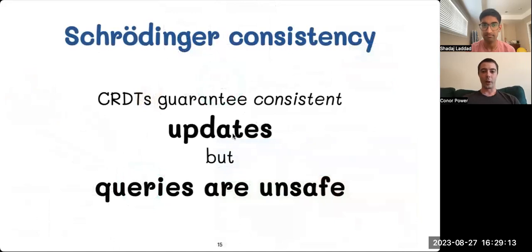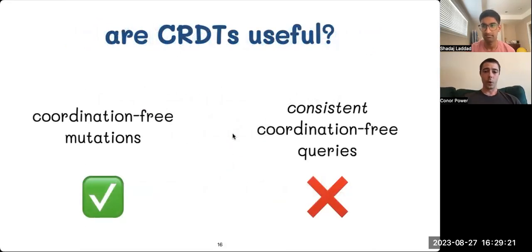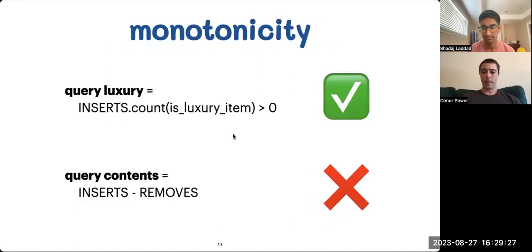We call this Schrodinger's consistency. CRDTs guarantee consistent updates, but queries are unsafe. So are CRDTs useful if we can't query the data? Well, they are, and we can see how we can use them safely by distinguishing between queries that are safe to do coordination-free versus queries where they're unsafe to do coordination-free, but will be correct as long as we do a coordinated read.